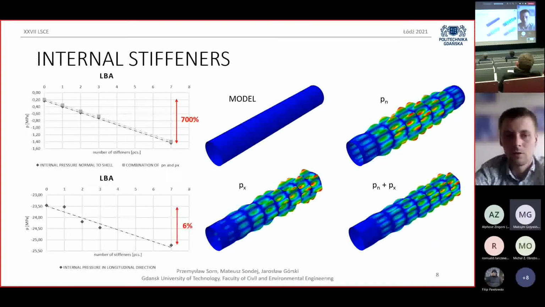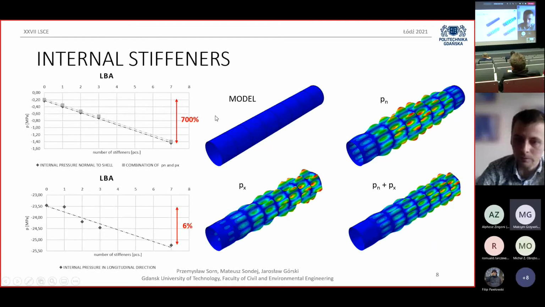The nature of the behavior is similar, but what we can observe is that increasing the stiffeners from 0 to 7 raises the critical pressure for longitudinal load by 6%. But if we consider the normal to shell pressure, we can see that the rise of the critical pressure is 7 times.